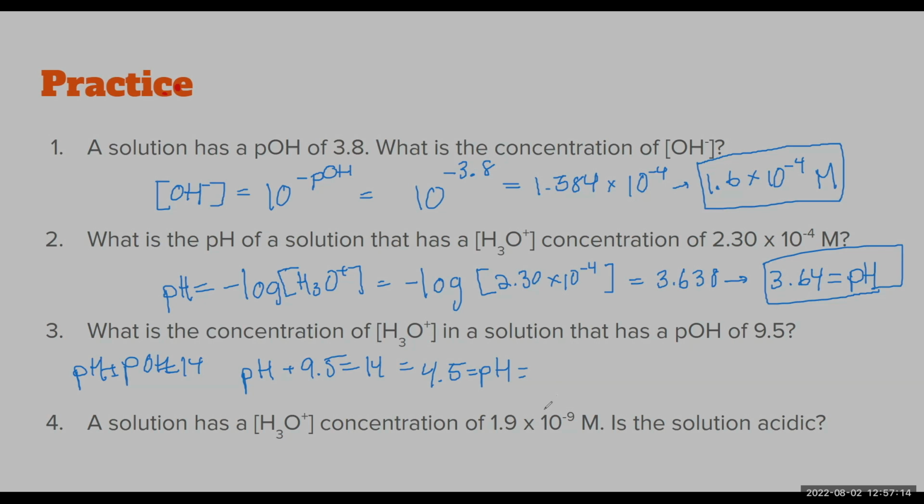And then if we plug into that formula we saw earlier, it's going to be 10 to the negative pH. So I'm going to do 10 to the negative 4.5. And we should get a concentration of 3.16 times 10 to the negative 5 molar.